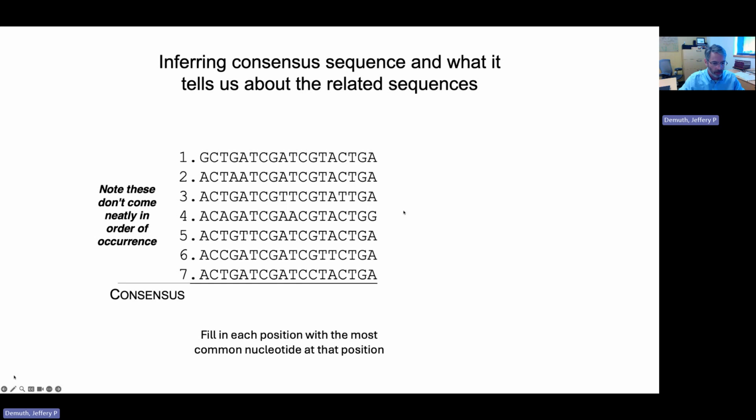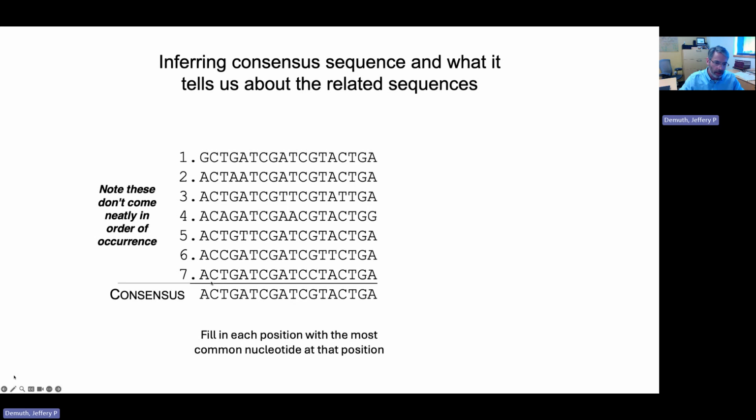infer the consensus sequence. So we're going to fill in each position with the most common nucleotide at that position. So for example, position 1 is an A. Position 2 is a C, right?